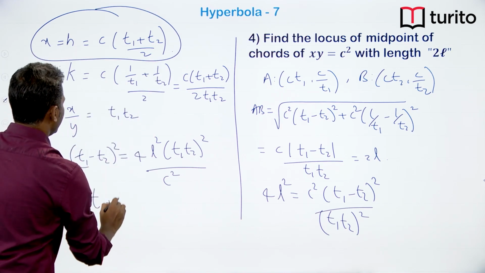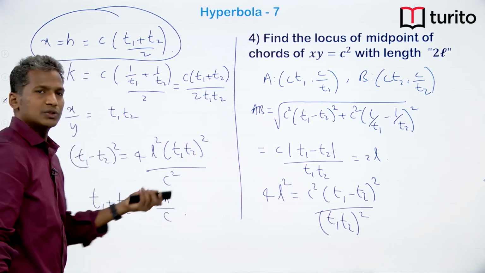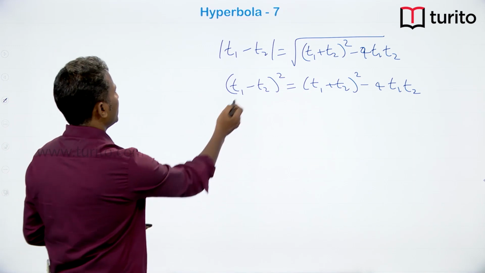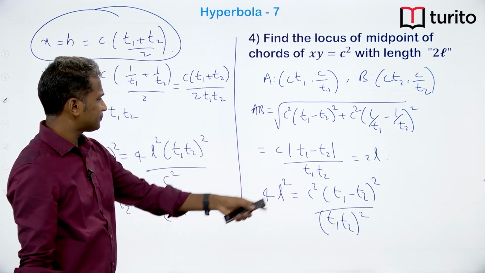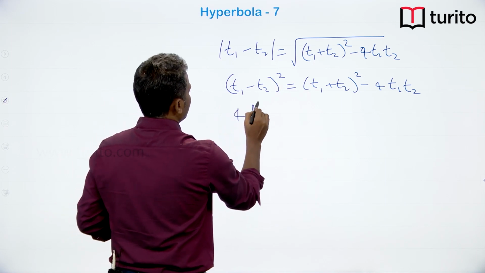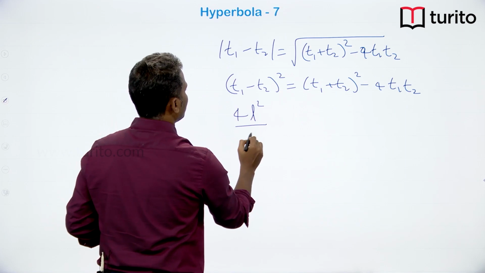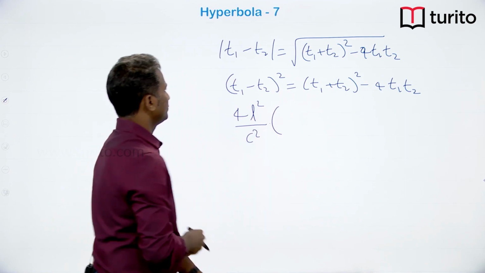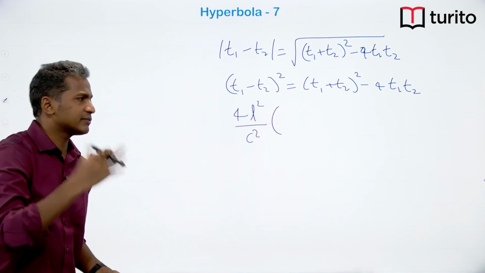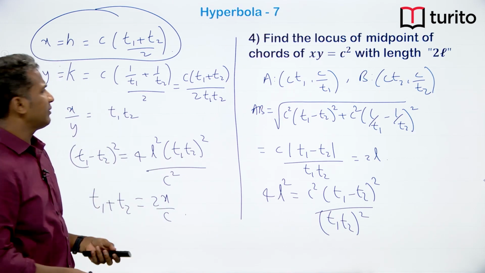So t1 plus t2 can be written as 2x by c. We will use all of them here. So what do we get? This can be written as 4l square by c square into (t1 t2) whole square, and t1 t2 is x by y.